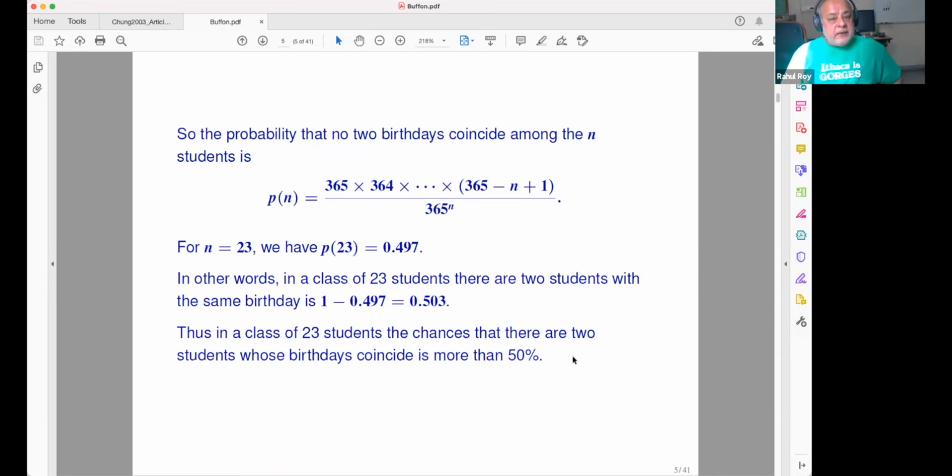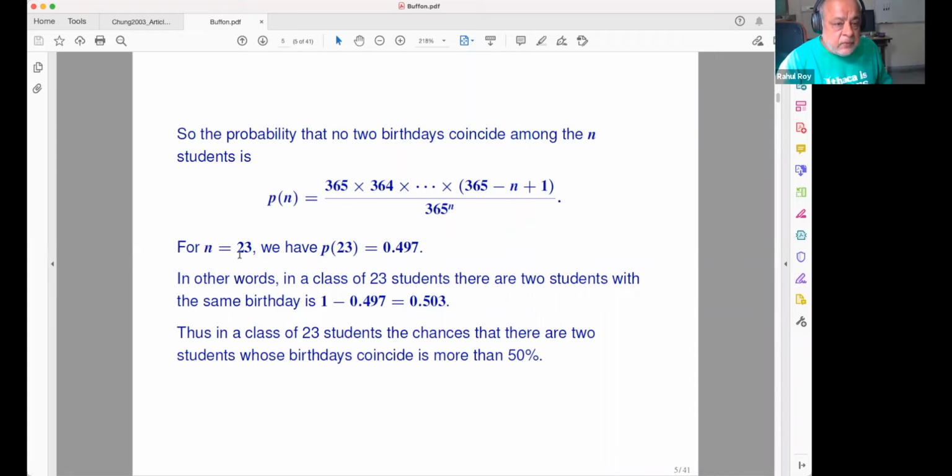So the probability that no two birthdays coincide among the n students is the total number of possible choices where they do not coincide divided by the total number of choices. So it is 365 into 364 into etc., the number which we just calculated on the previous slide, divided by 365 to the n, which is the total number of choices of all the birthdays of the n students.